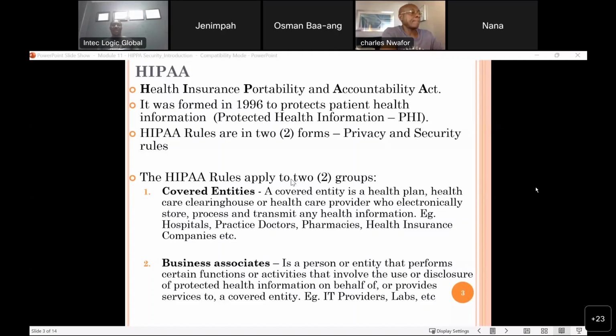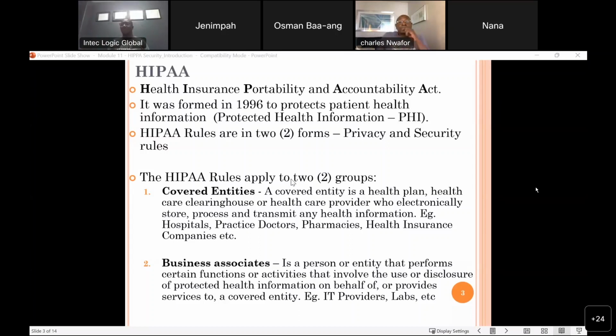Right. So HIPAA rules apply to two groups. The first one is called covered entities. And the second group is business associates. When we talk about covered entities, these are the health plans, the healthcare clearinghouses, and the healthcare providers who electronically store, process, and transmit any health information.